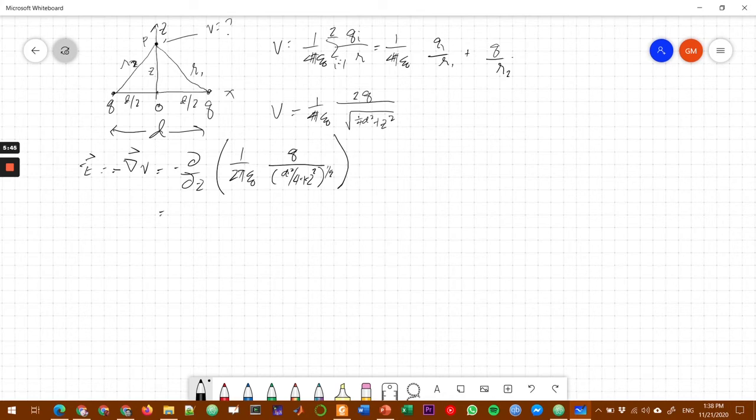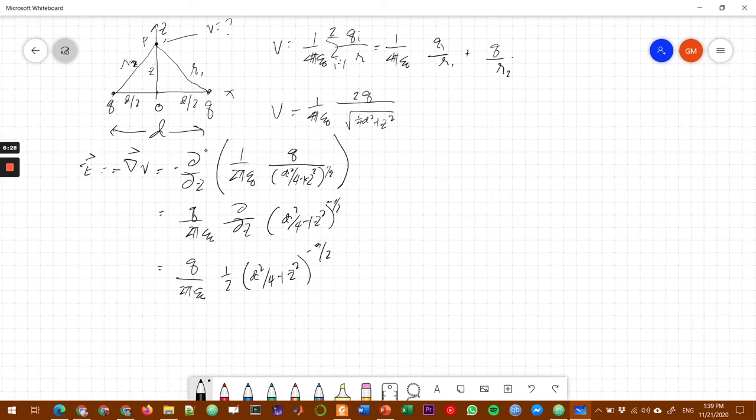Then, taking the derivative of that, we get q over 2 pi epsilon naught times 1/2, and d squared over 4 plus z squared to the negative 1/2, which becomes negative 3/2.